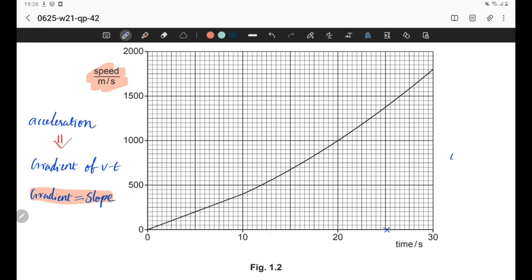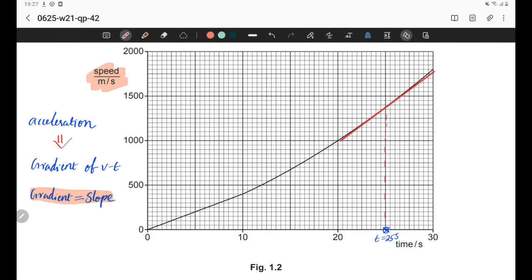It is exactly the point in between 20 and 30. So this point represents time 25 seconds. At this point on the graph, we need to plot a tangent. The tangent is the straight line passing through that point. Using a ruler, you can draw a line passing through that point, and it should be a straight line.